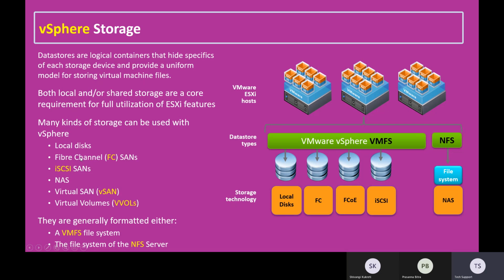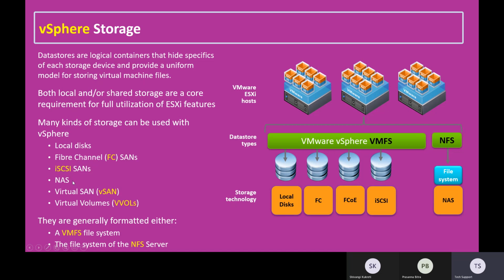Another difference is that Fiber Channel SAN uses a fiber cable and also requires Fiber Channel switches. iSCSI SAN doesn't require any Fiber Channel switch. It uses a normal IP network switch, which is why the protocol is also Internet SCSI.